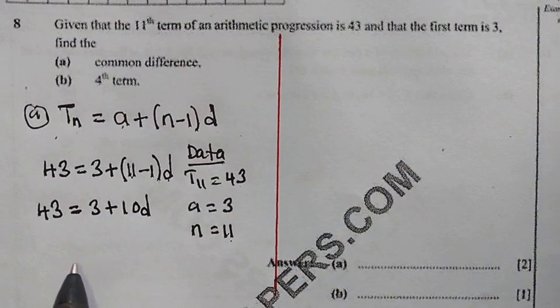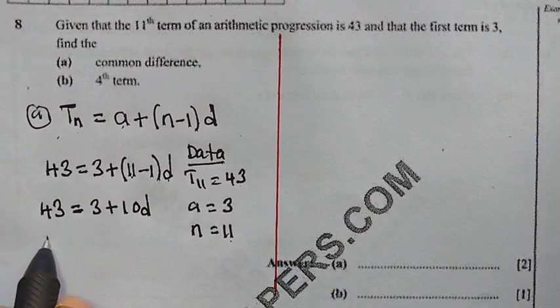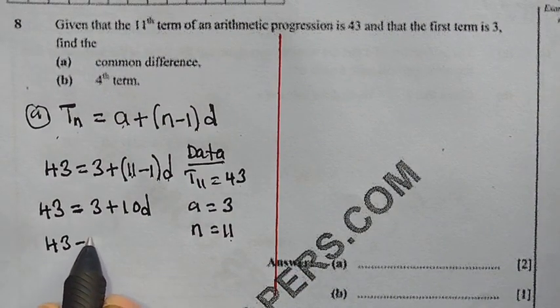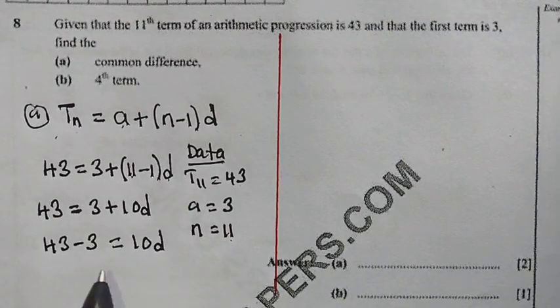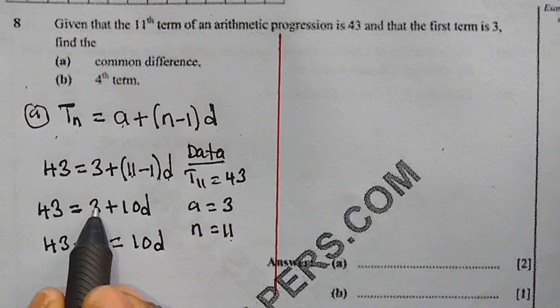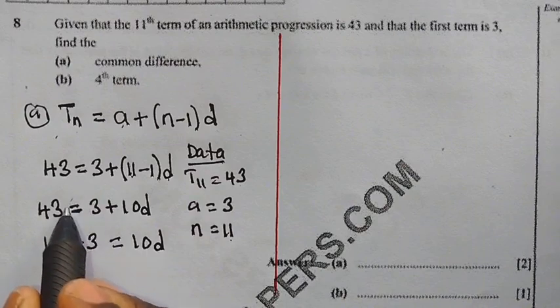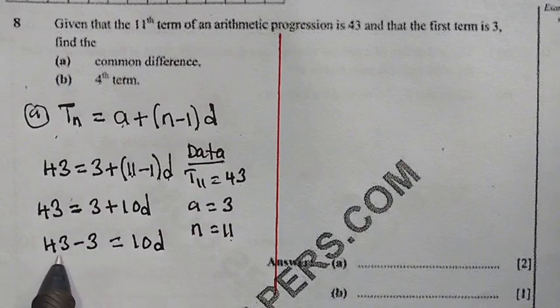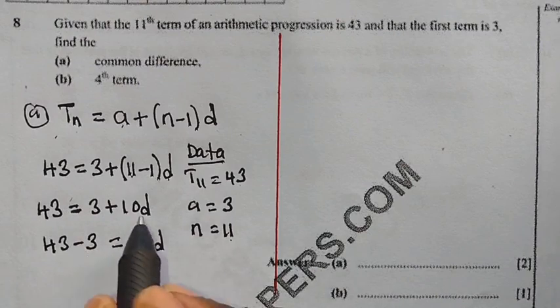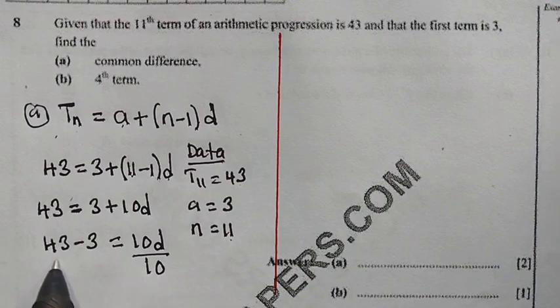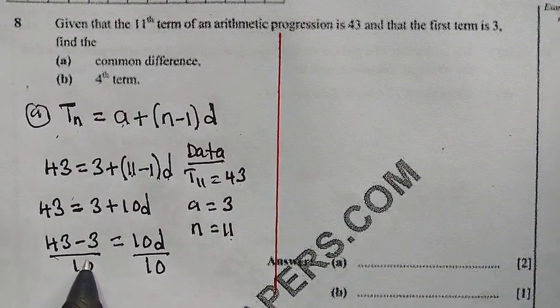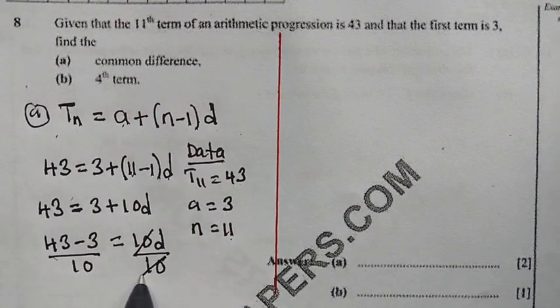From this stage, we can collect the like terms. So 43 minus 3 equals 10D. What I've done here is, this 3 is a positive value, and when it goes to this side it becomes a negative value, hence 43 minus 3. Here we remain with 10D, so we divide by 10. Even this side we divide by 10, so that this 10 and this 10 cancel.